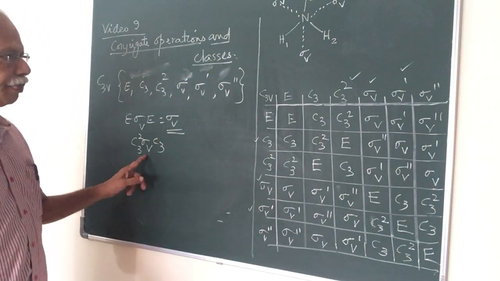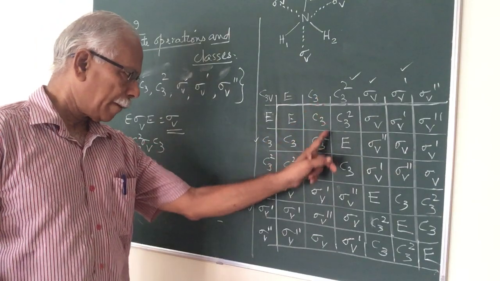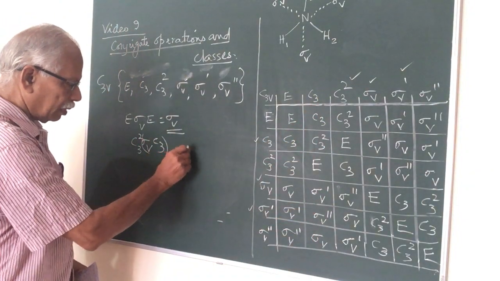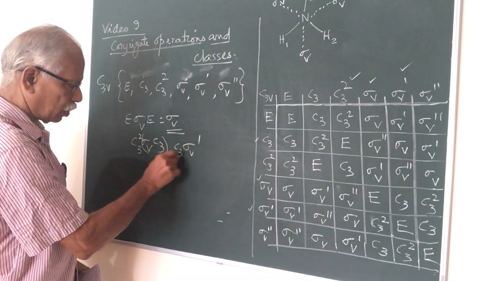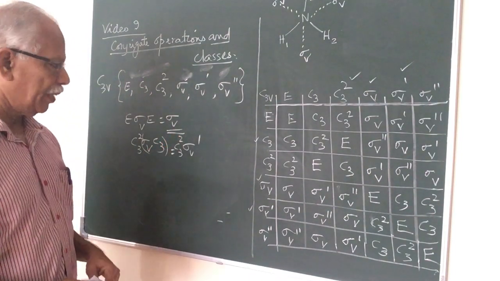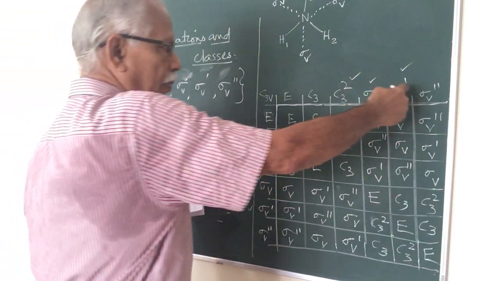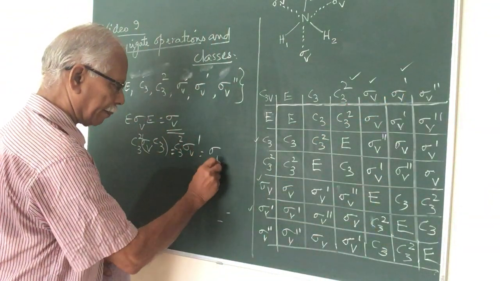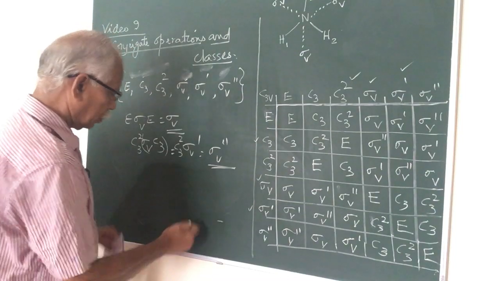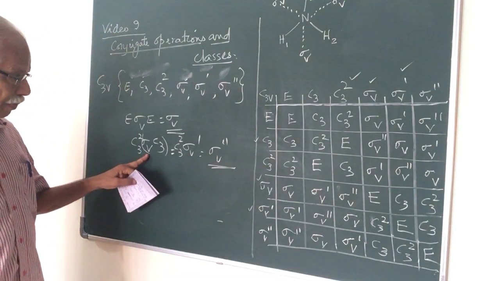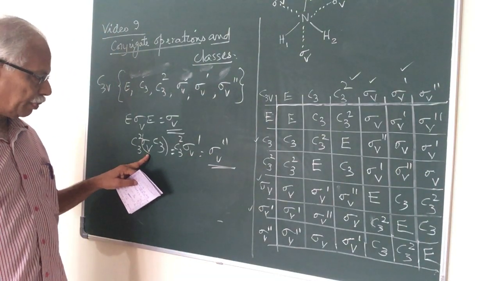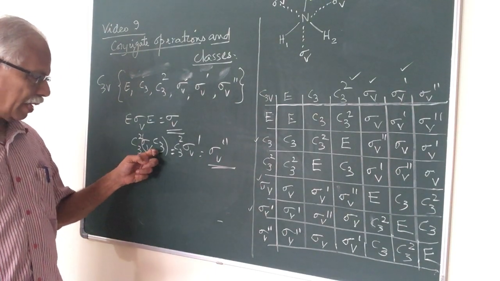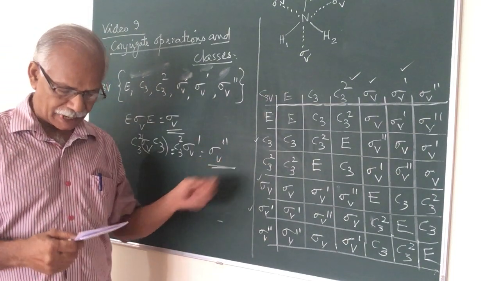C3 sigma v is sigma v dash. What is sigma v dash C3 squared? Sigma v dash C3 squared is sigma v2 dash. So the conjugate of sigma v by C3 is sigma v2 dash.